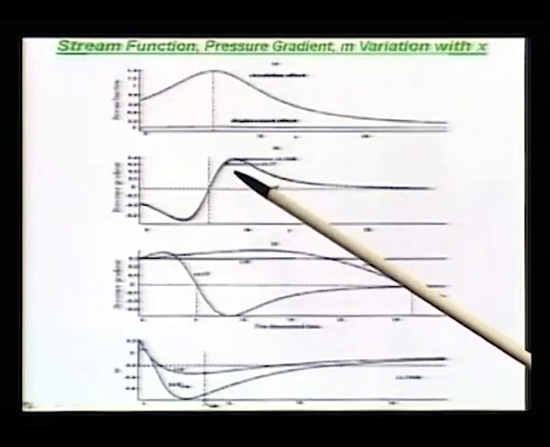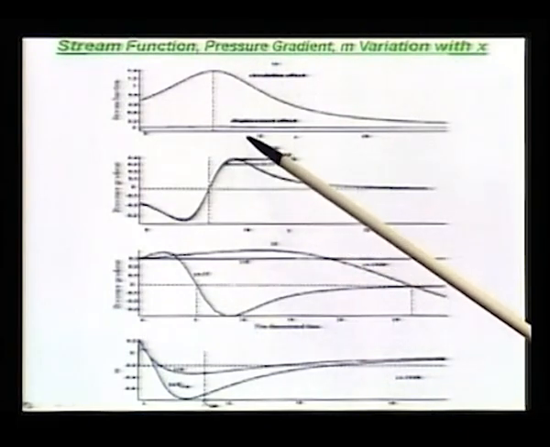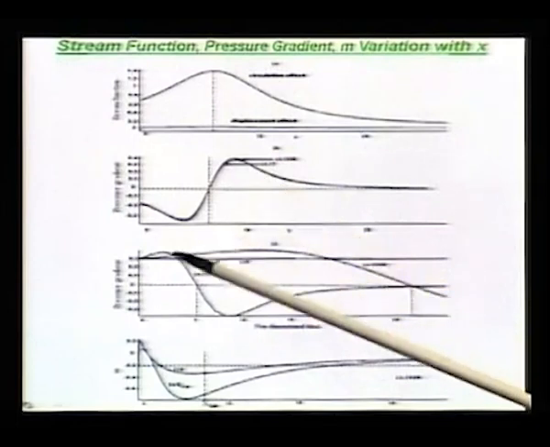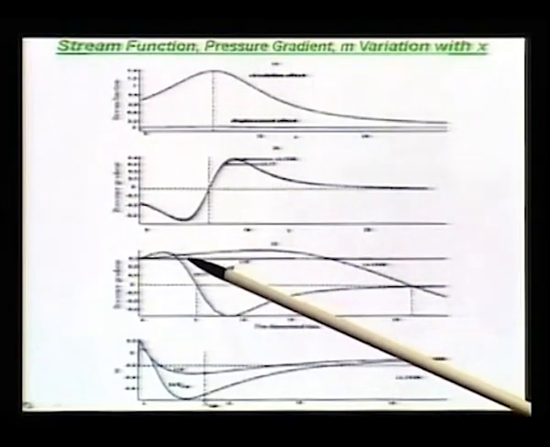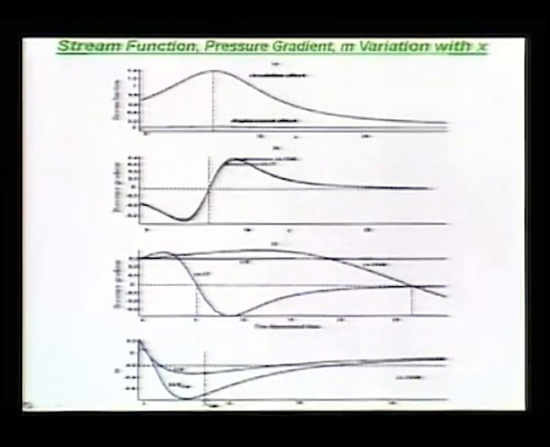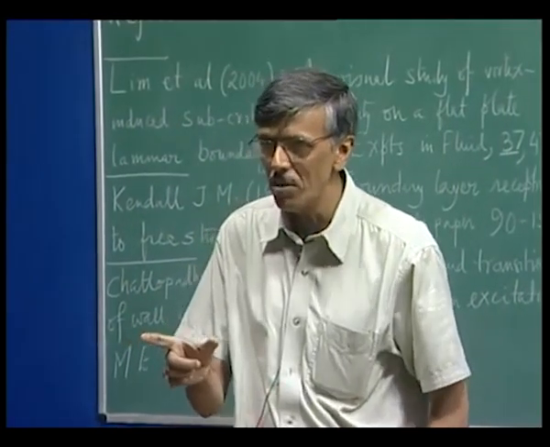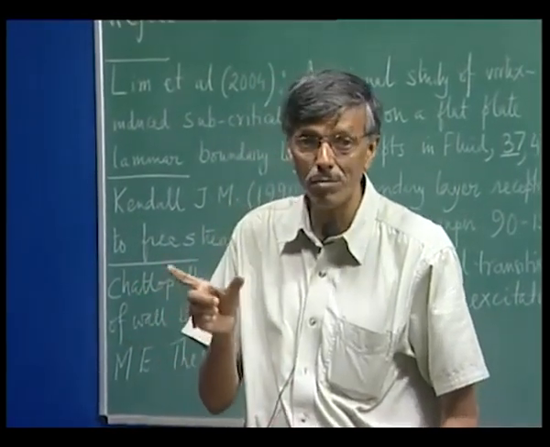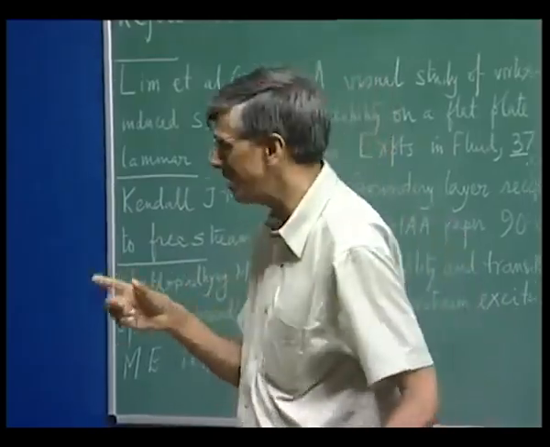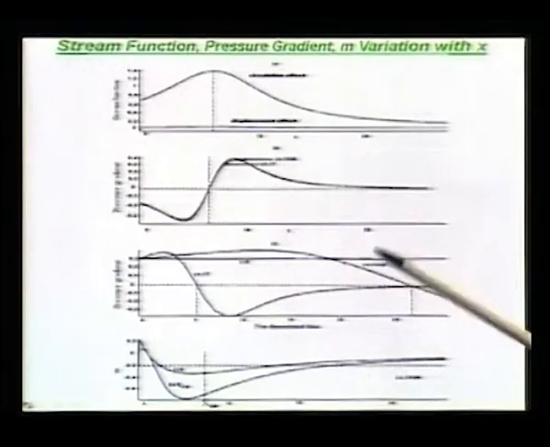As you can see, this curve goes slightly above 0.77 compared to 0.15. That is true here, but after some time it falls off, so it does not show that much receptivity. So, it is not only important that you must have an adverse pressure gradient, but it should also act over an appreciable period of time. That is an important issue to look at.